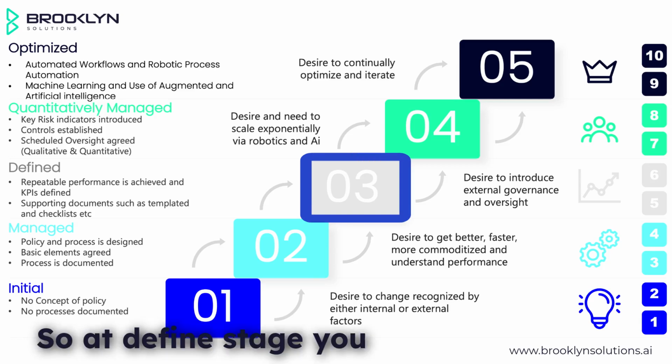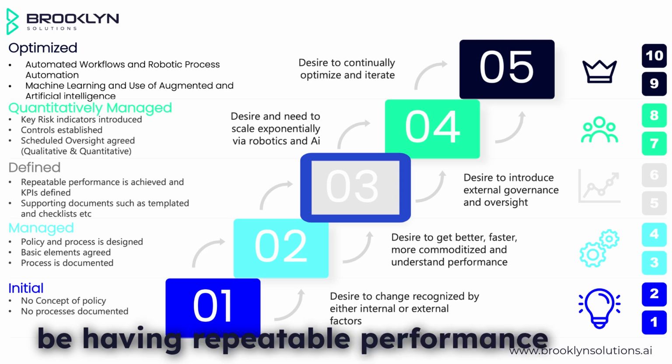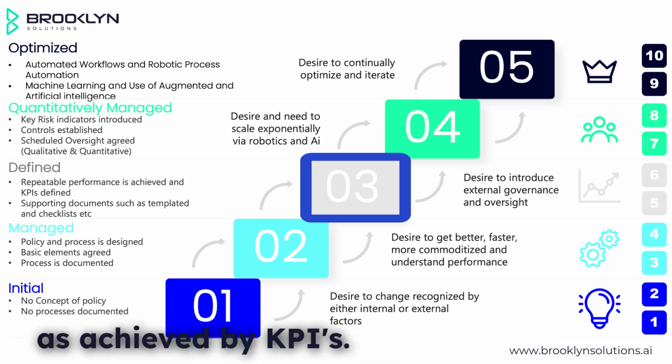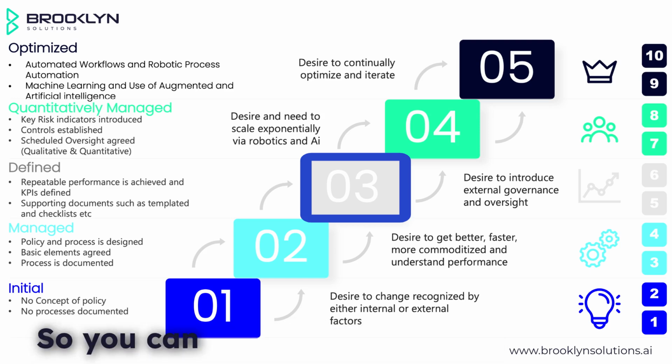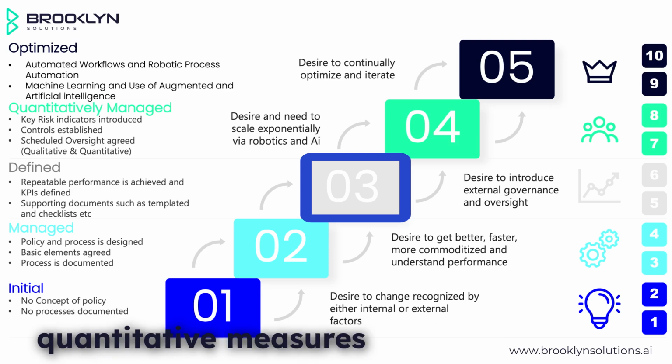At the defined stage, you want repeatable performance that's achieved by KPIs. You're going to need metrics that inform the performance of the TPRM function: coverage, quality, etc. You can have qualitative or quantitative measures, and leading or lagging measures.